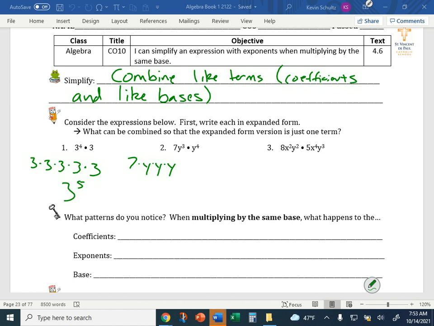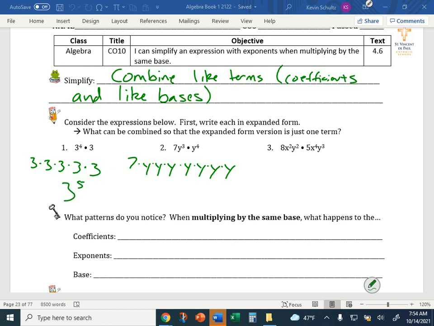So what Crinkle's saying here is that with that 7, and again, there's only one 7, that is not part of the exponent. It's a coefficient, not a base. We got 7 times y times y times y. And what she's noticing here is that this second term, which is y to the 4th, or 4 y's all being multiplied together, means we're going to have a total of 7 y's here.